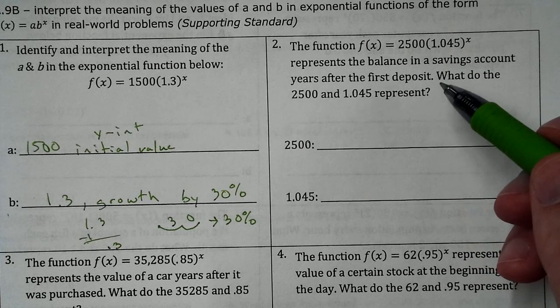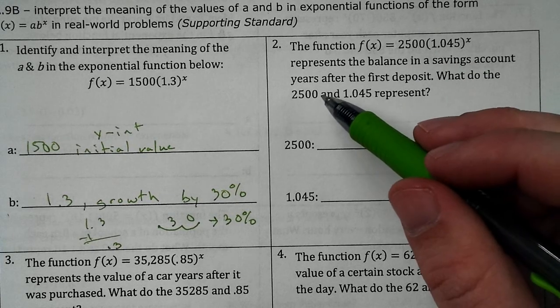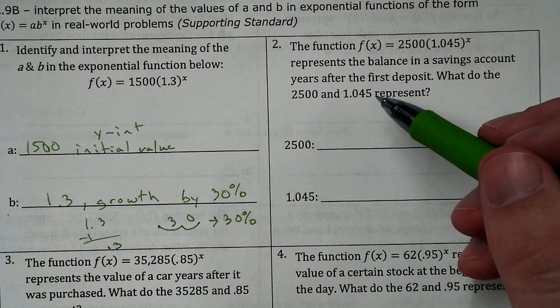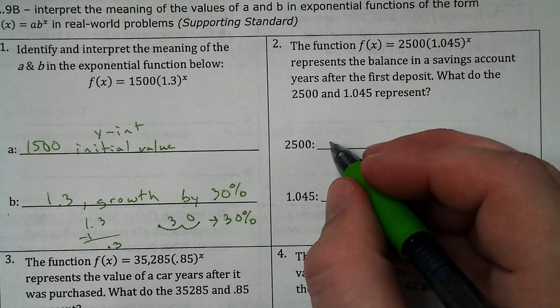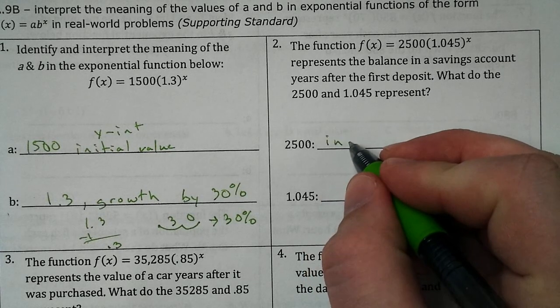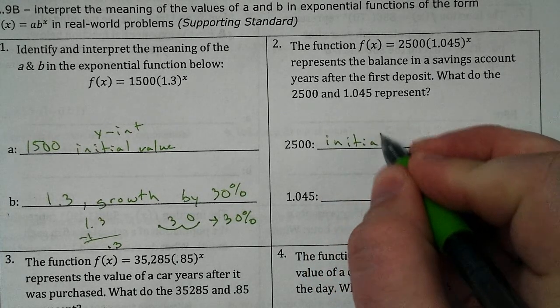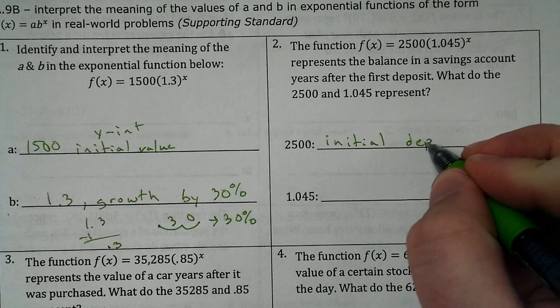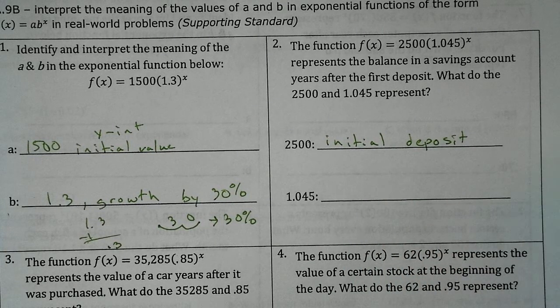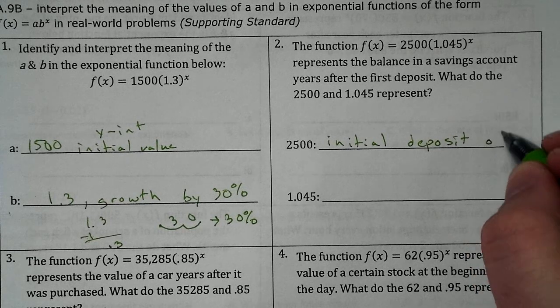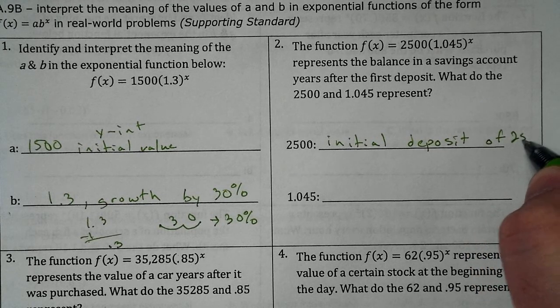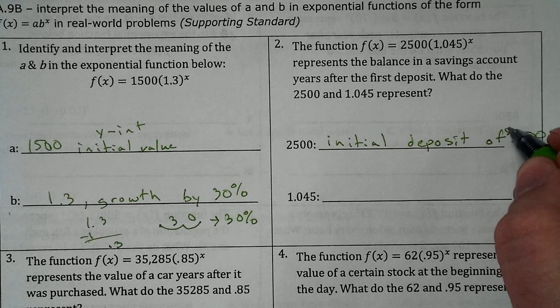So, number 2, this is 2,500 times 1.045 raised to the x and represents the balance of a savings account. What do 2,500 and 1.045 represent? Well, the 2,500, that is the initial deposit, right? Because we call it a deposit when you put it in the bank. And how much money did they put in? $2,500, right?